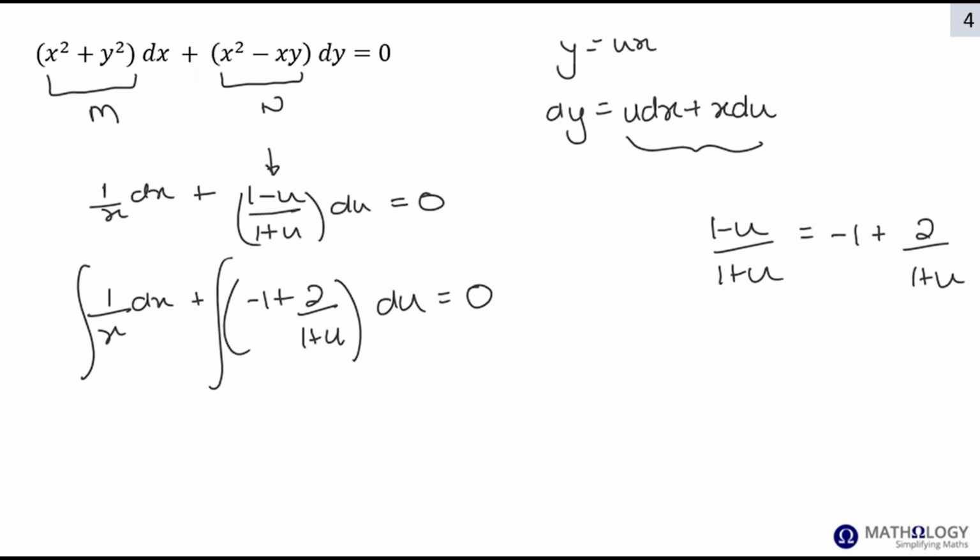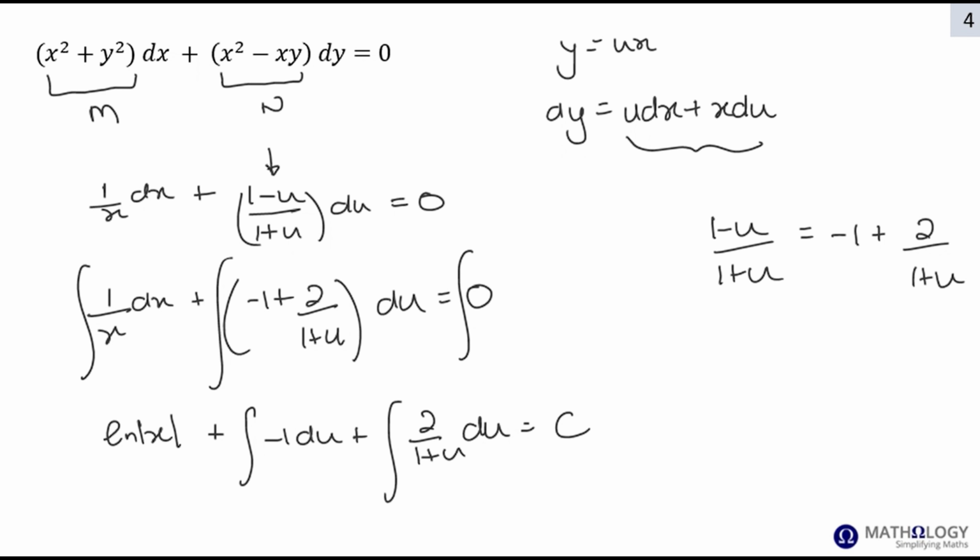So the integral of 1 over x dx will just be ln x. We're going to split this up into separate integrals. We don't have to. This might be easier. So we have the integral of minus 1 du plus the integral of 2 over 1 plus u du, and the integral of 0 is just going to be a constant.